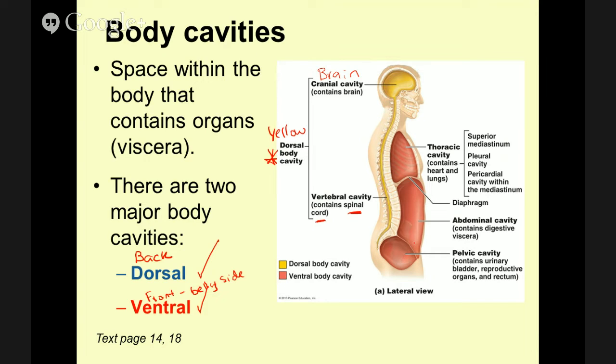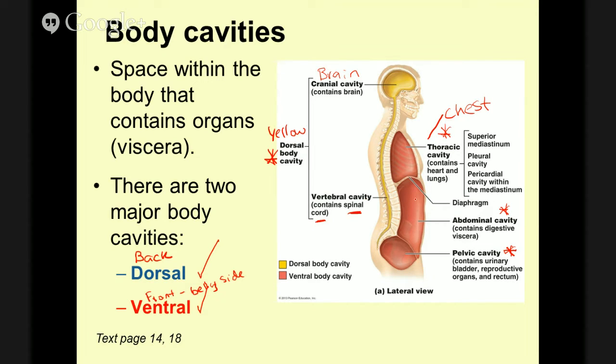You can see that the ventral body cavity is actually divided into three different areas: thoracic, abdominal, and pelvic cavities. Another name for thoracic is chest, or thorax is chest. So the thoracic cavity is the chest cavity, and of course we're going to have the heart and the lungs inside the thoracic cavity.